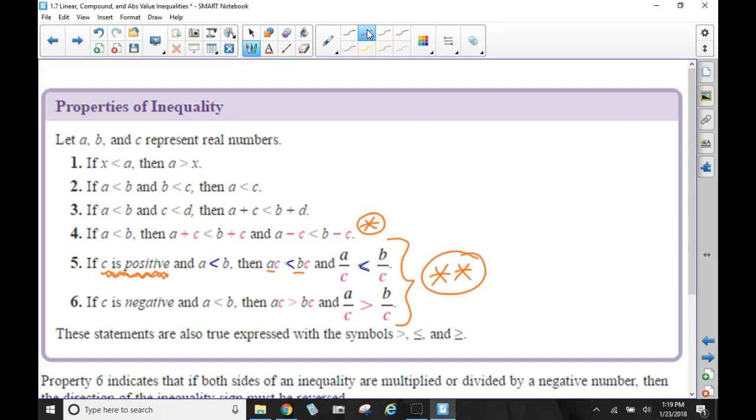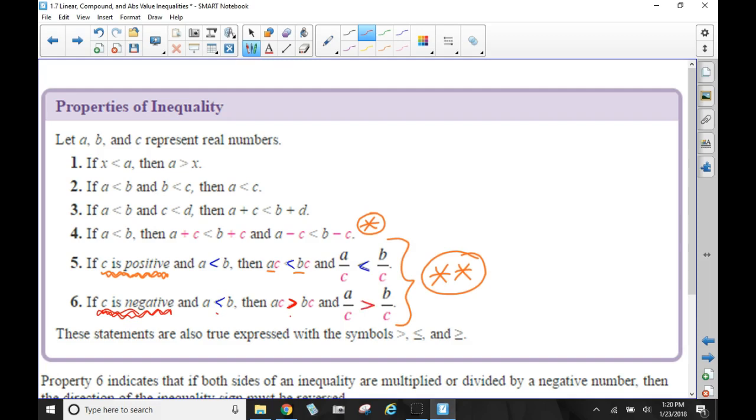Now here on this one, if you multiply or divide by a negative quantity, we started out with A is less than B. What has to be true now is, if you multiply by a negative quantity, to make it a true statement, you've got to swap that inequality symbol around. Notice the less than now becomes a greater than on both of these.